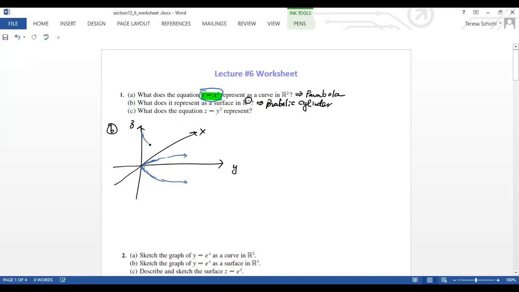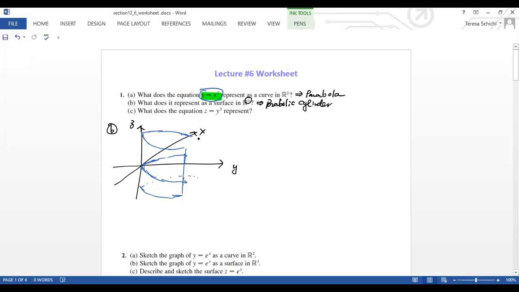So this one's here going to do like this. And then the top here going to be like here, and then here. Okay, so you can see what I graphed here, right? It's sometimes not easy to visualize that in R3. So this is here, and then I go here.